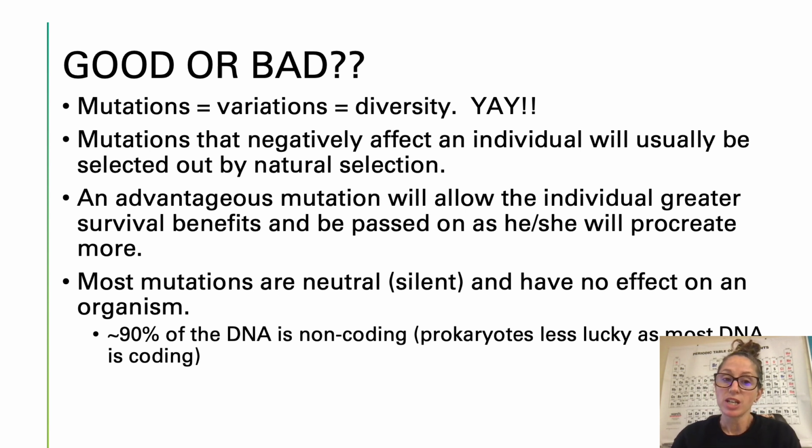An advantageous mutation will allow the individual greater survival benefits and be passed on as they will procreate more. Most mutations are neutral, and have no effect on the organism. About 90% of the DNA is non-coding. Prokaryotes are less likely to have neutral mutations because most of their DNA is coding.